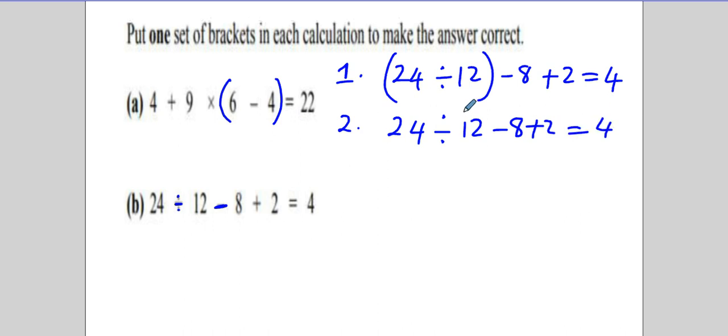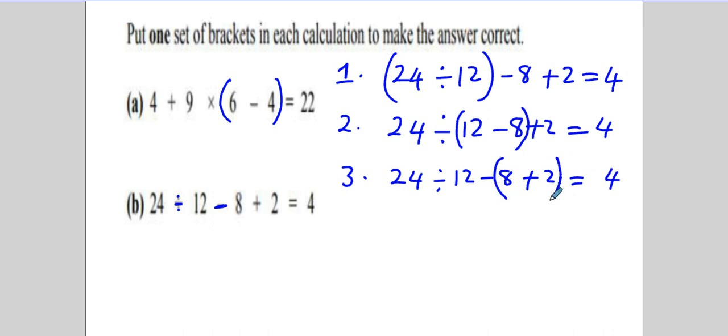Another possibility will be keeping the addition sign in brackets.